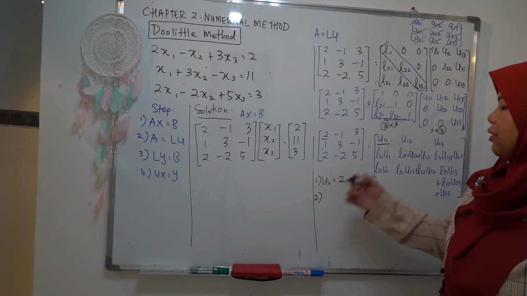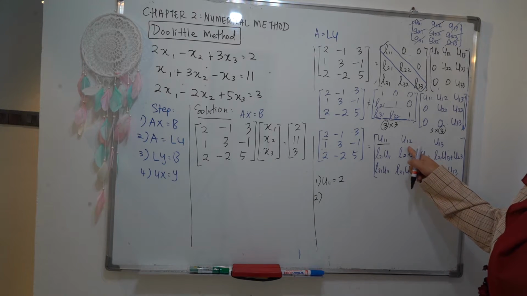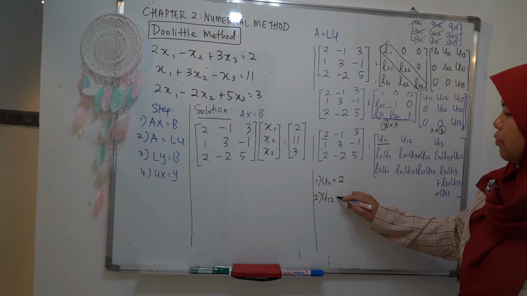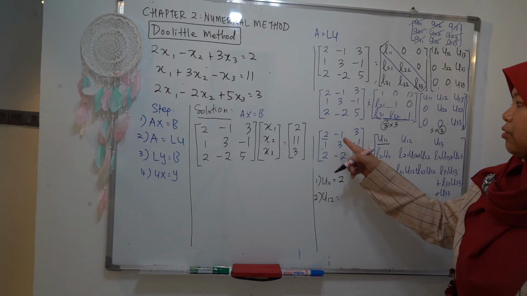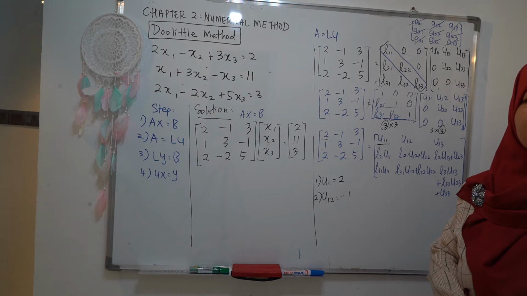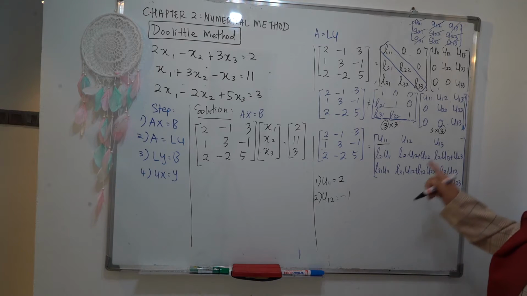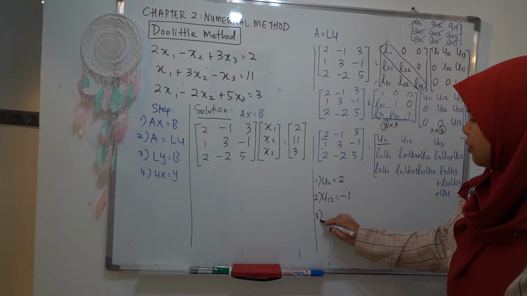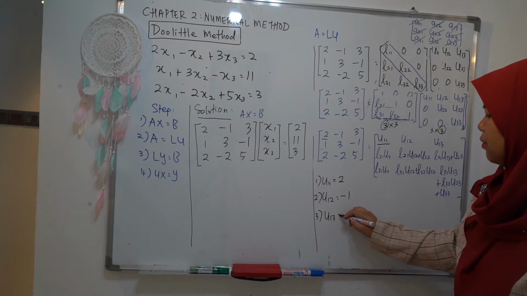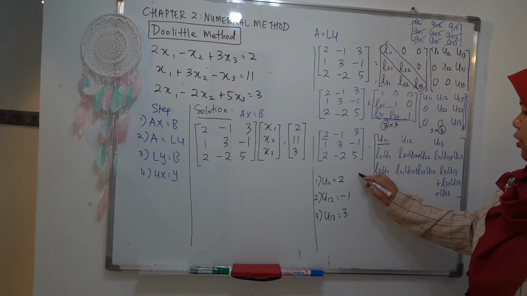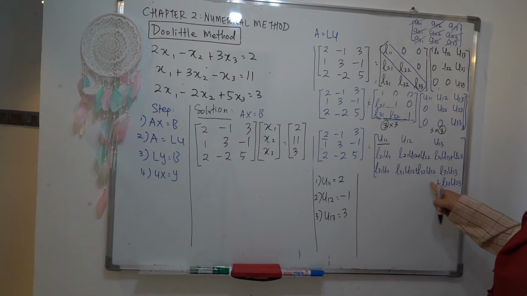The second one, U12 equals negative 1. And then I continue, U13 equals 3.